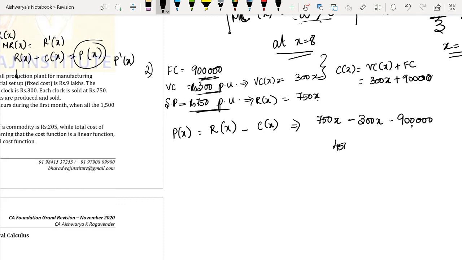So now let us see what happens when we sell 1500 units. 450 into 1500, check on your calculator, then do minus 9 lakhs, see what value you get. See if it matches with 2,25,000.